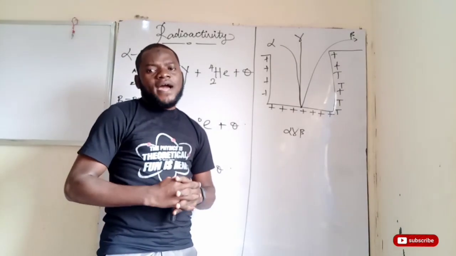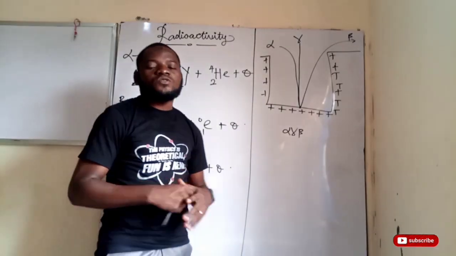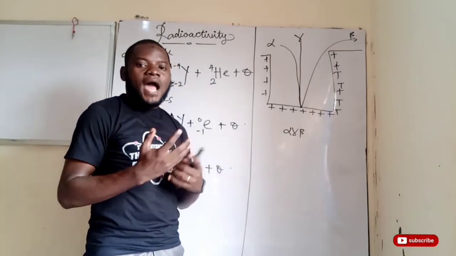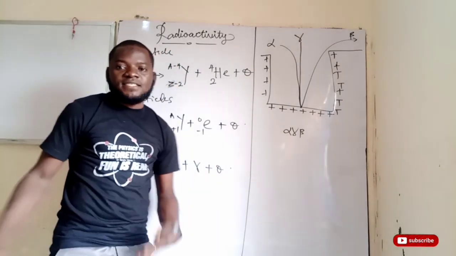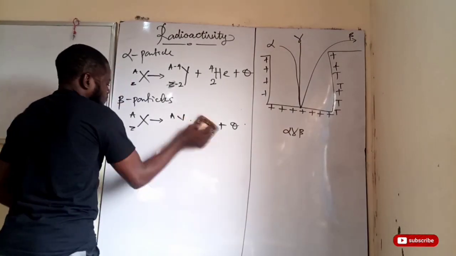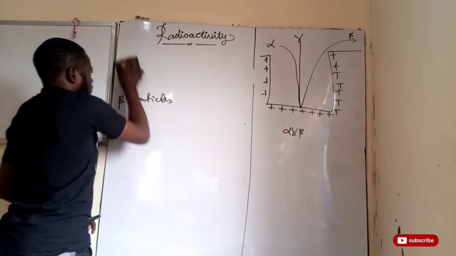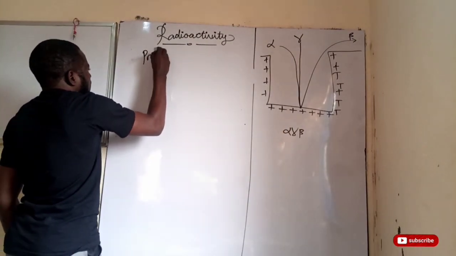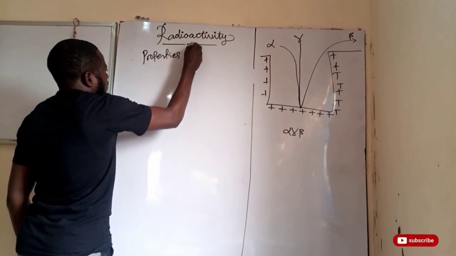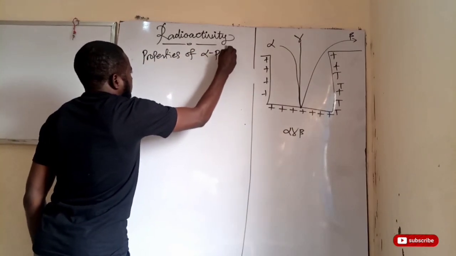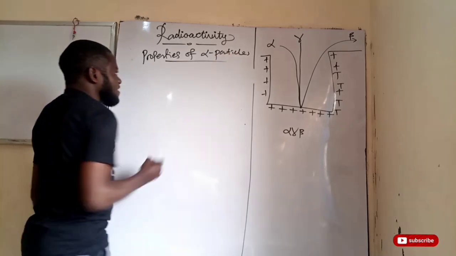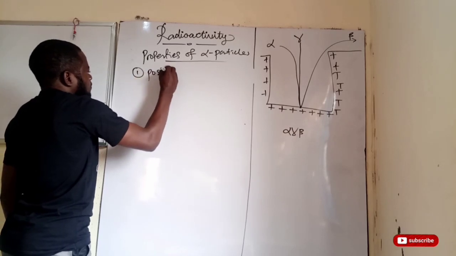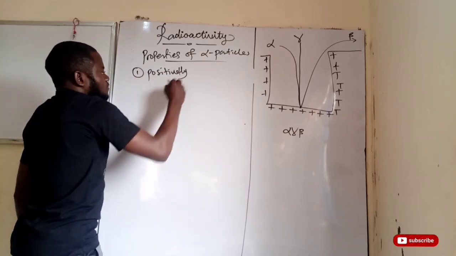Another thing they might want to ask us about these particles is the properties of the particles. Let's start from alpha particles. What are the properties of alpha particles? Number 1, they are positively charged.